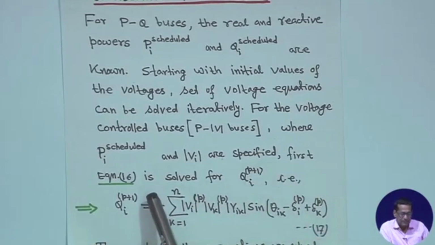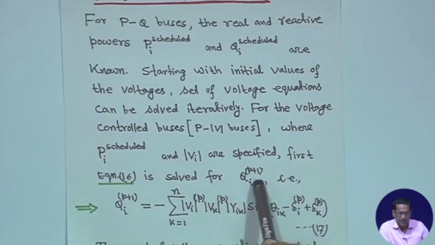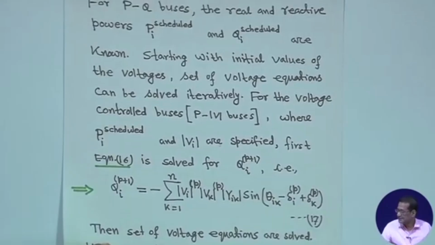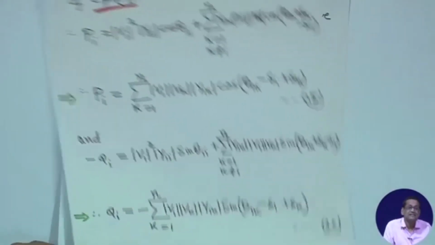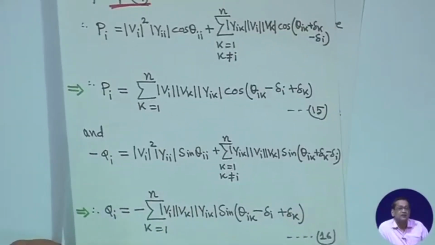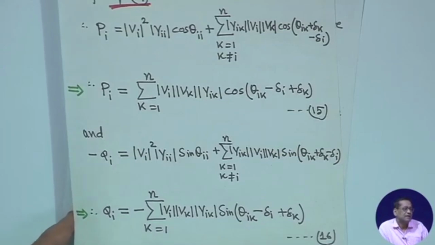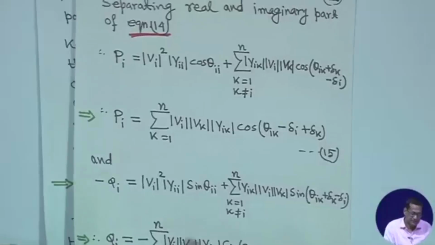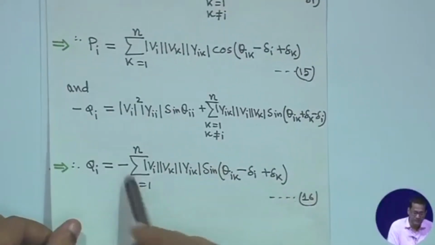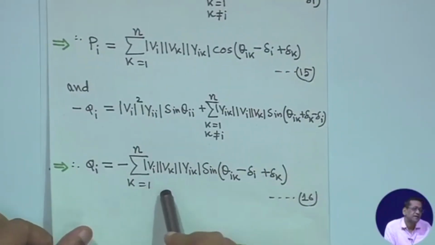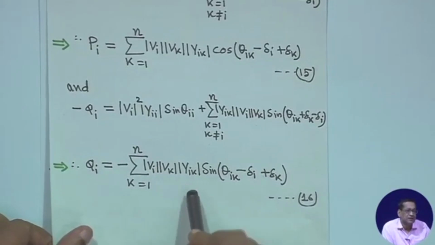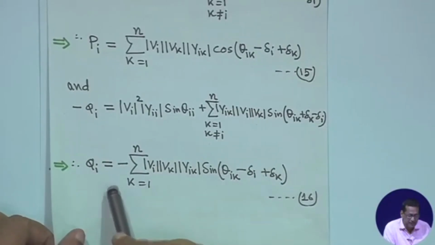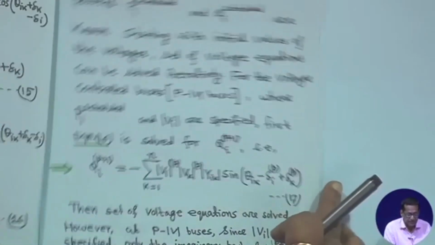So first, equation 16 is solved for Q_i at the (p+1)th iteration, because at the PV buses P and voltage magnitude are both known, and Q and voltage angles are not known. So when considering PV buses in the Gauss-Seidel method, this equation can be written at iteration p+1.